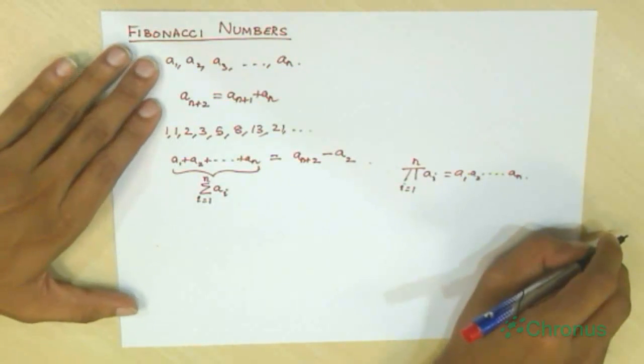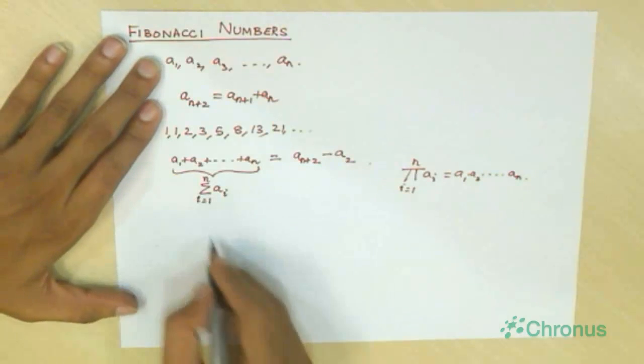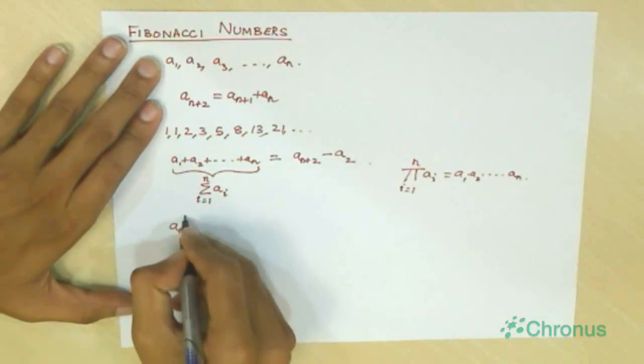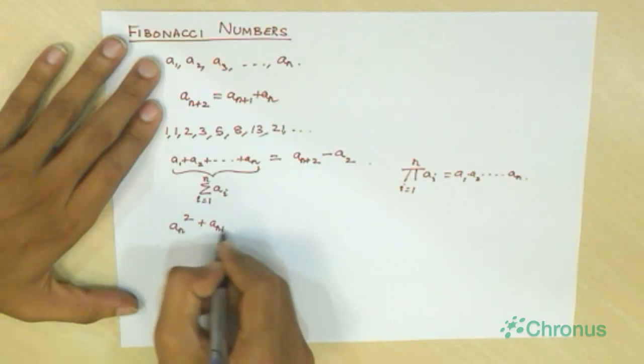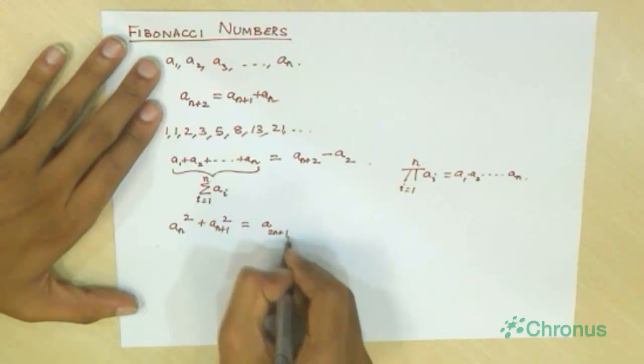And another interesting fact about the Fibonacci sequence is an square plus an plus 1 square is equal to a 2n plus 1.